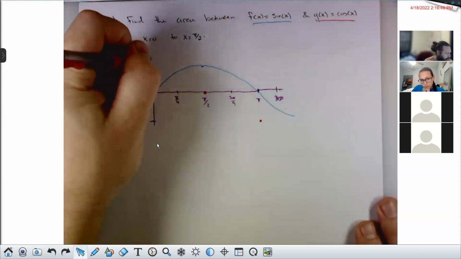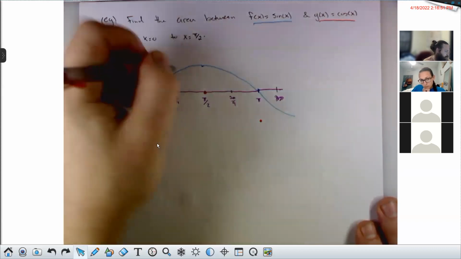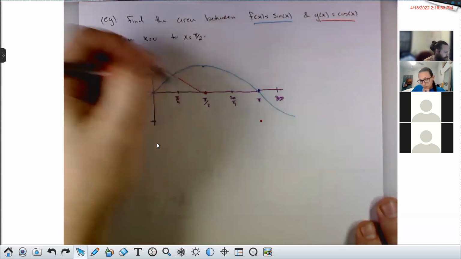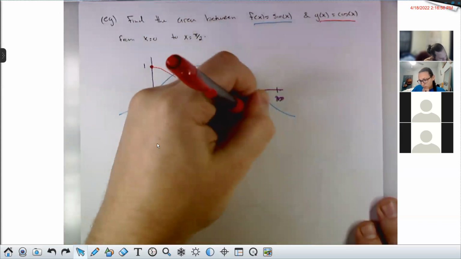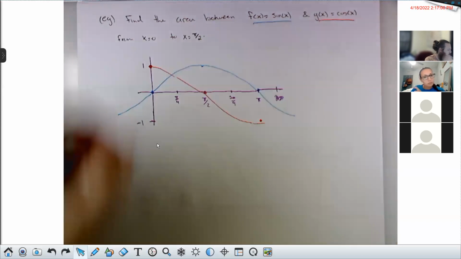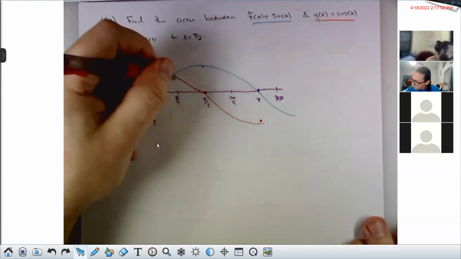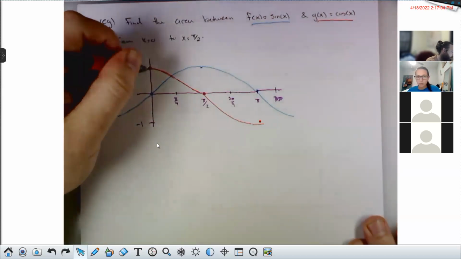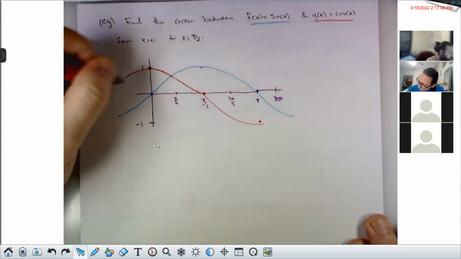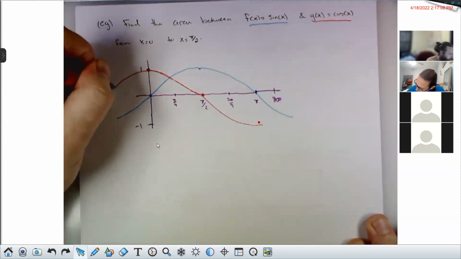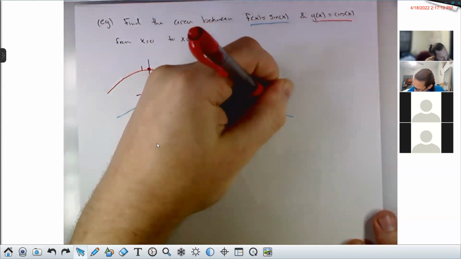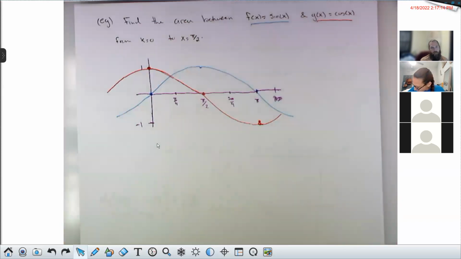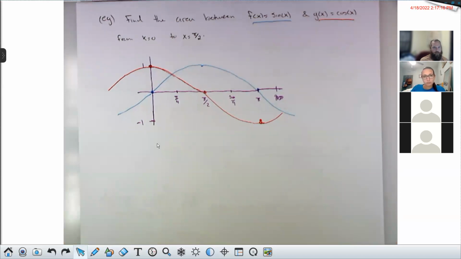So the cosine function continues off this way, doing its thing. This way, doing its thing. All right. So cosine in red, sine in blue.